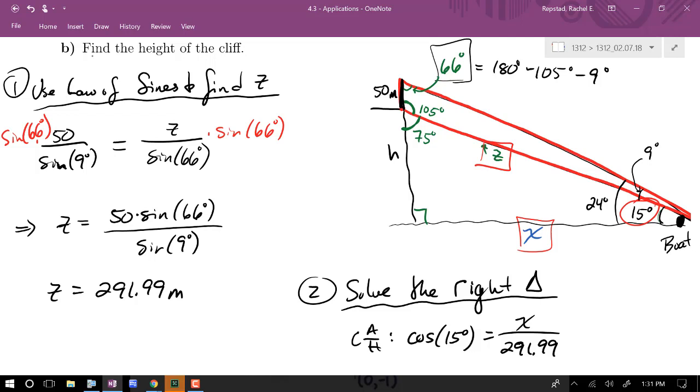Nope, I get 66. Oh, 105 plus 9 is 114, not 124. It is 66 degrees is the correct angle. I incorrectly added 105 and 9, so that was my bad. All right, good catch.